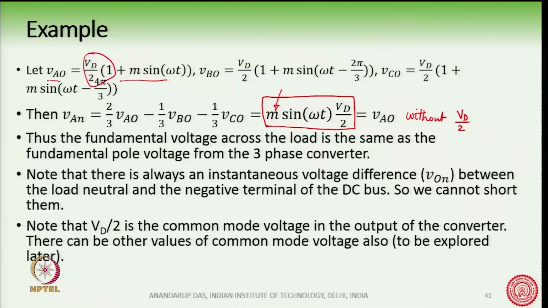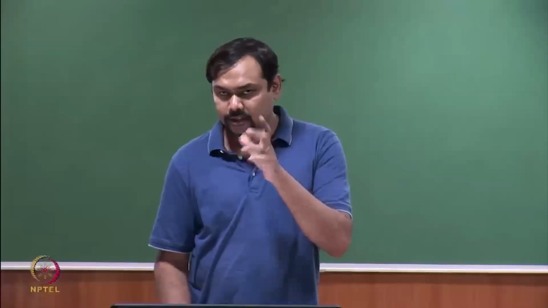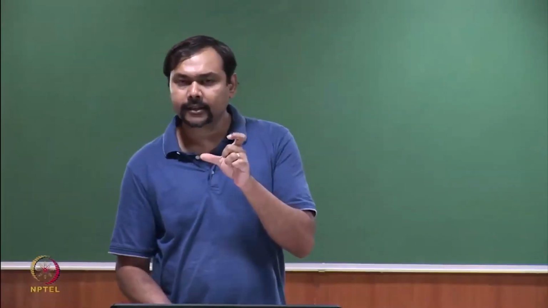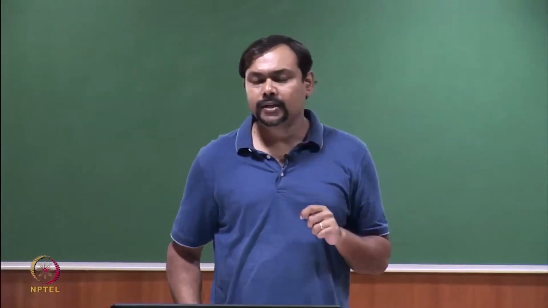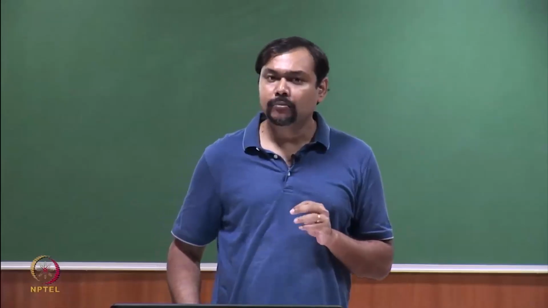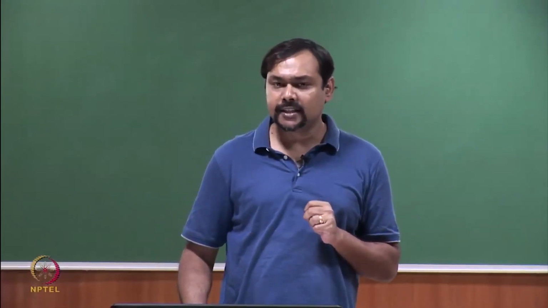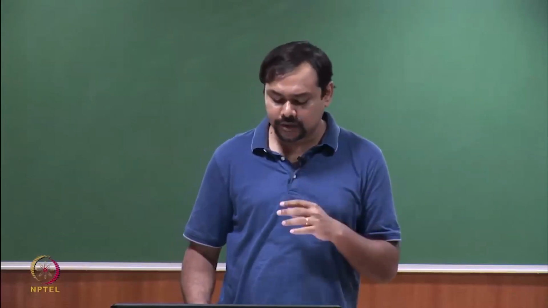There is also a common mode voltage between O and N, but since the N point is isolated from the O point, that common voltage can be utilized in adding some third harmonic. We will use this concept in some slides later.